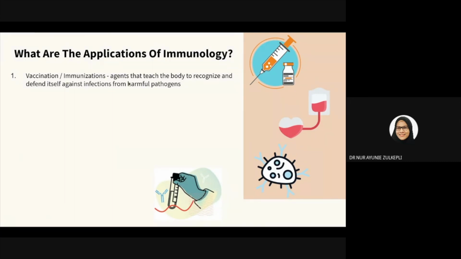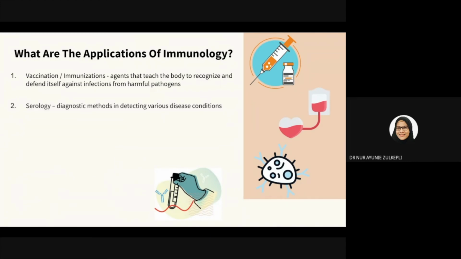I think everyone is clear about this. We had the COVID-19 pandemic and we have the vaccine for COVID, for example. It doesn't prevent infection 100%, but if we get infected, it helps our body recognize and defend itself against the SARS-CoV-2 virus.